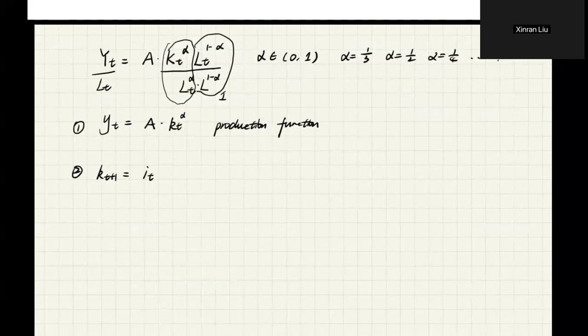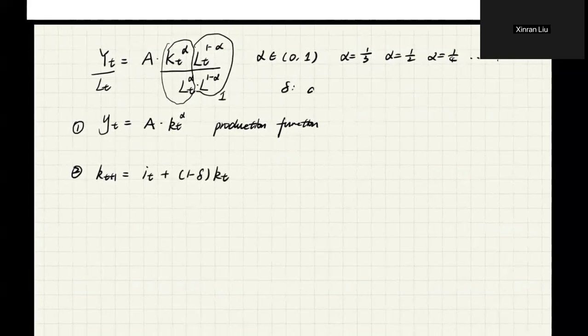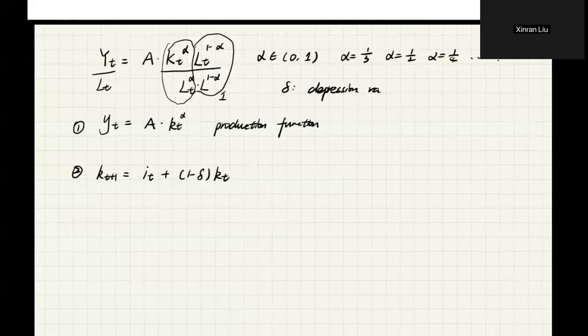The first is new investment, and the second is the remaining part of k_t. Here, delta is the depreciation rate. This is the capital accumulation equation.